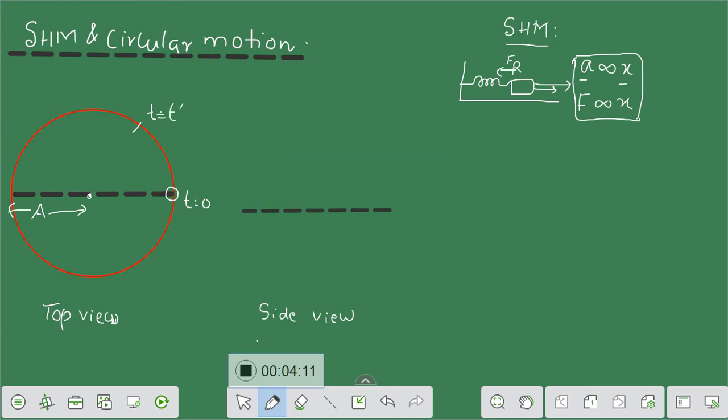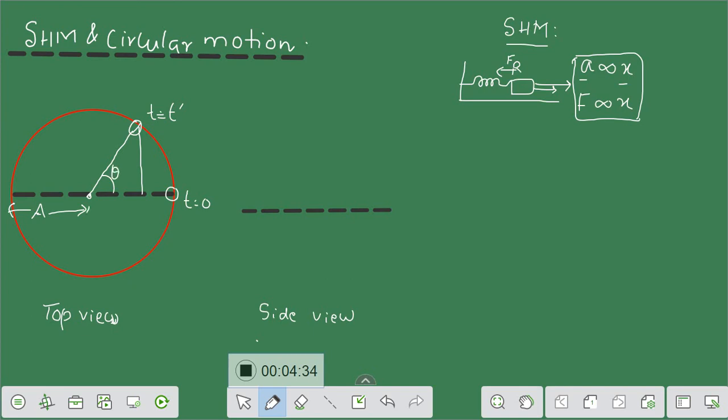The ball reaches here. And what you can do now is connect the ball with the center, and also drop a perpendicular here. So let's say the angle by which it gets displaced is theta, and we know this would be nothing but my angular displacement.